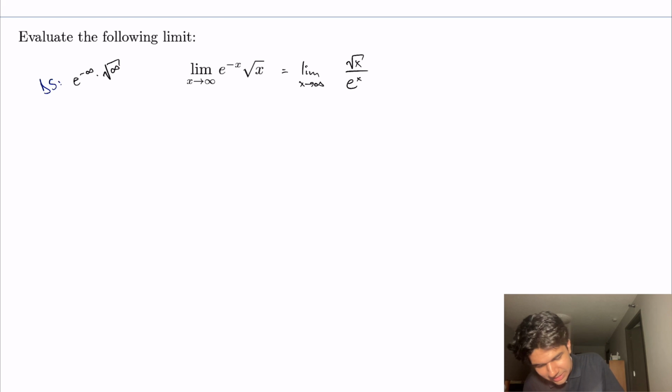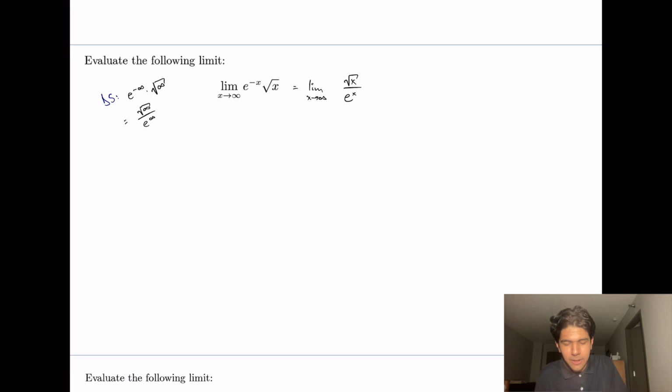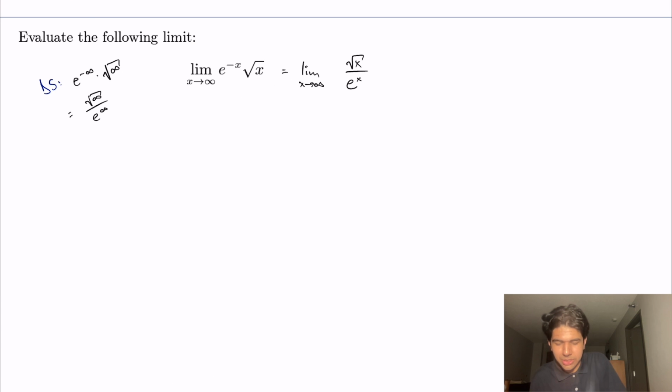We can rearrange this a little bit to see that this will be square root of infinity divided by e to the infinity, which is basically the same thing that we just did. And then you'll get to the conclusion that we're about to make. But sometimes it's nice to just rearrange it from the beginning.